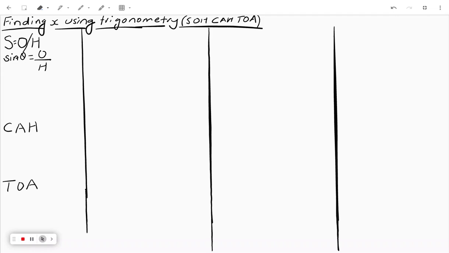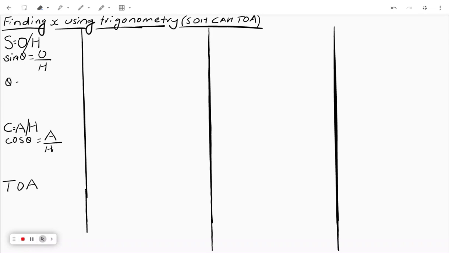And then the next one is cos. C stands for cos, C-O-S, theta equals A stands for adjacent over hypotenuse. Now, I'll give you a quick refresher on theta.